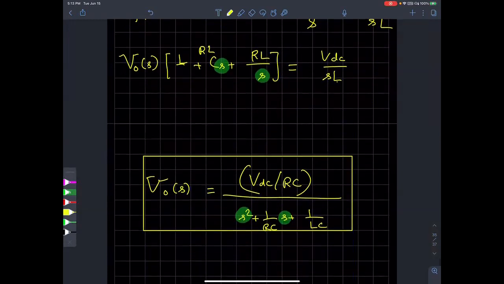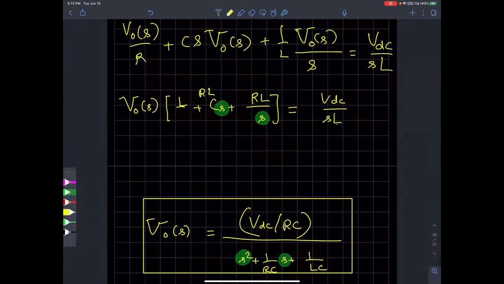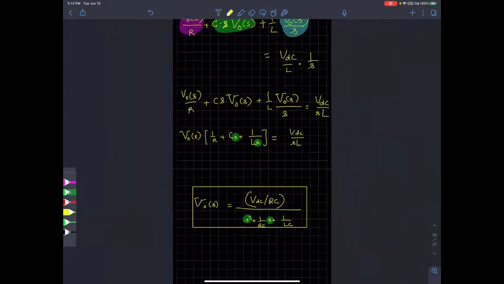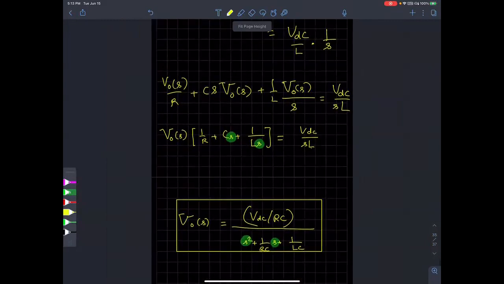So you should be able to write an expression for VO of S.